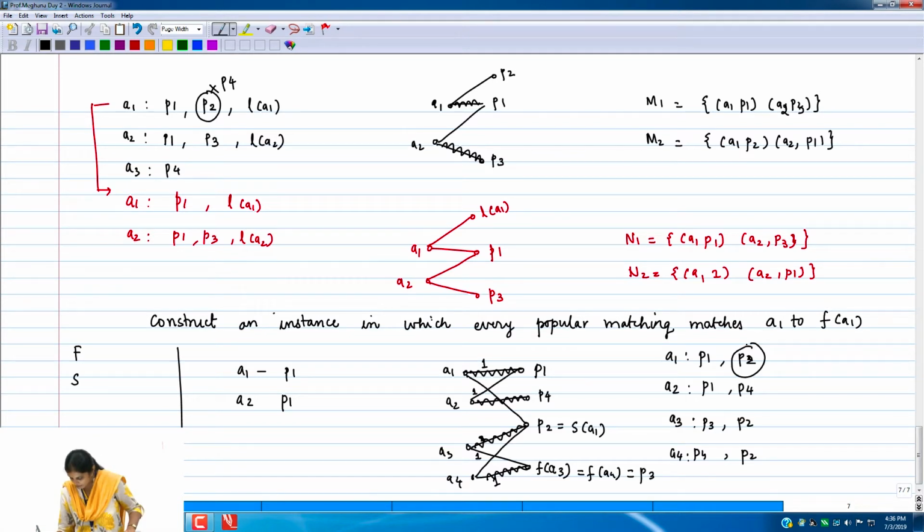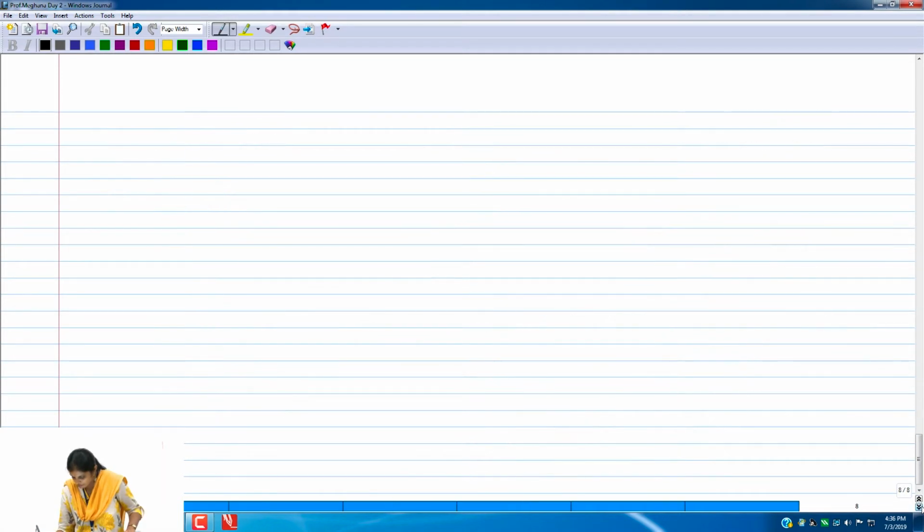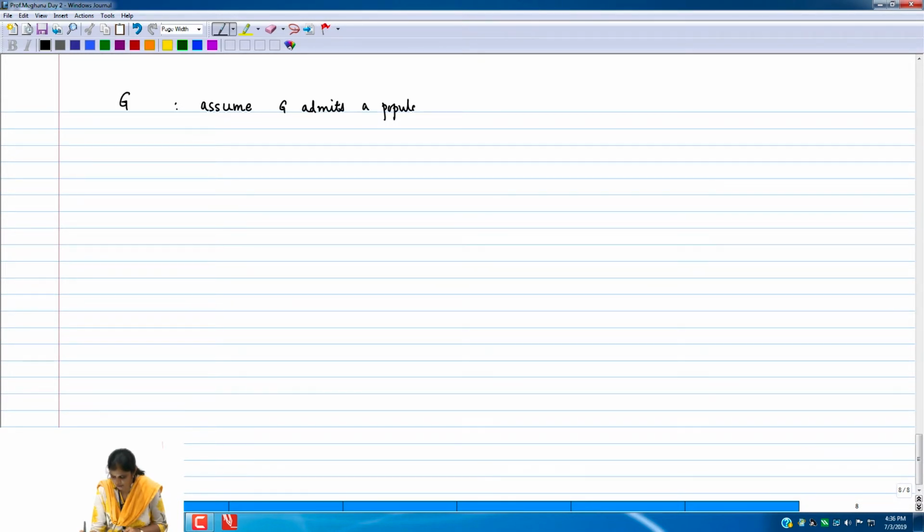So keeping this in mind, what we will do first is, suppose there is this instance G, and assume that G admits a popular matching. In G, all applicants have their true preferences.